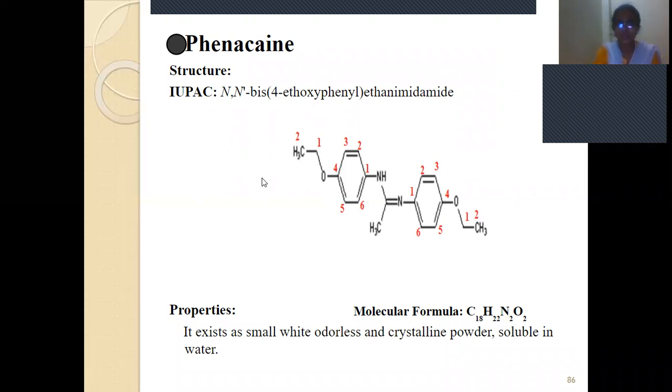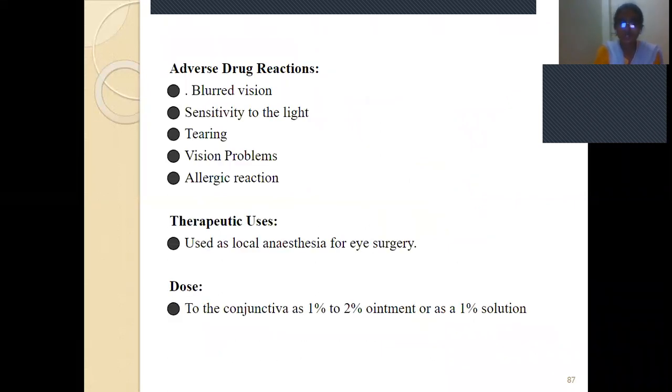So this is the structure and IUPAC name. The properties are: it is available as a white crystalline powder, has no odor, and is soluble in water. Adverse drug reactions are blurred vision, vision problems, allergic reactions, and sensitivity to light.